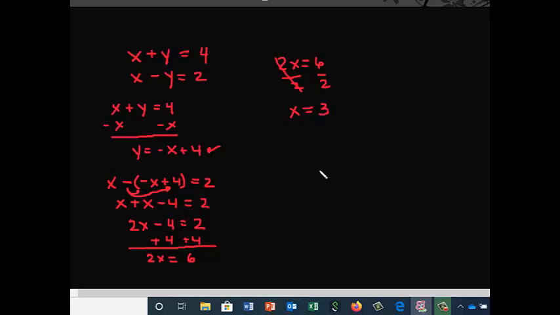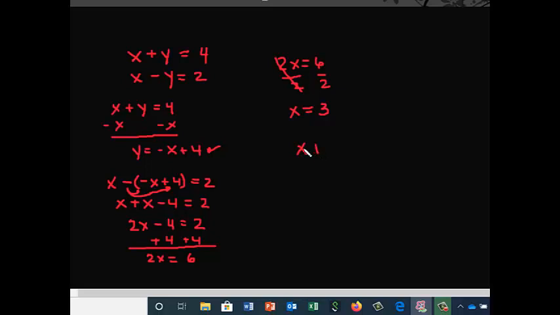Now, we have 3 for our value of x. x is equal to 3. Now we're going to use back substitution, right? To substitute this value into either one of the original equations and then solve for y.